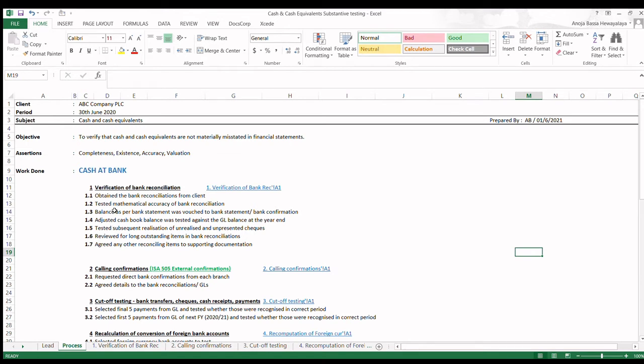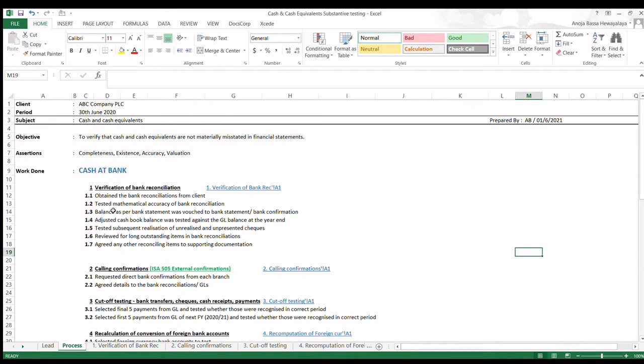For that I have taken the bank reconciliation from the client and tested whether it is mathematically correct, and then agreed the bank statement balance with the bank statement or bank confirmation, if I have received the bank confirmation. And also don't forget the other part: you have to agree the adjusted cash book balance with the GL.